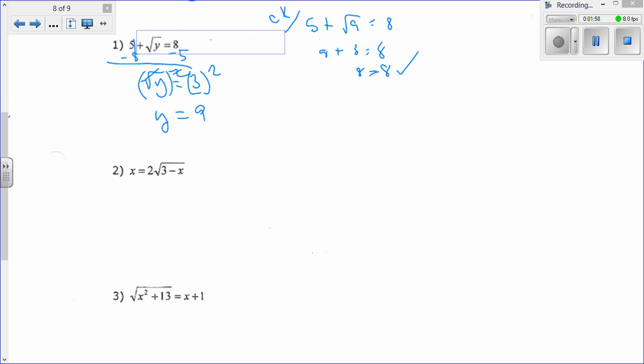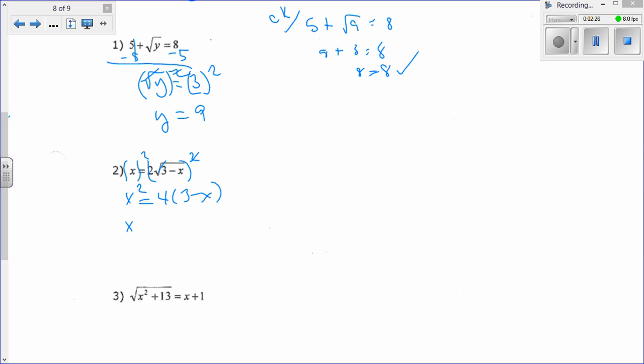So since it's alone, I square both sides. On the left side, I get x squared. On the right side, I have to square the number out in front, so it becomes 4. And then the radical and the square cancel each other out, so I'm just left with 3 minus x, which was on the inside. Now I just need to distribute to solve.